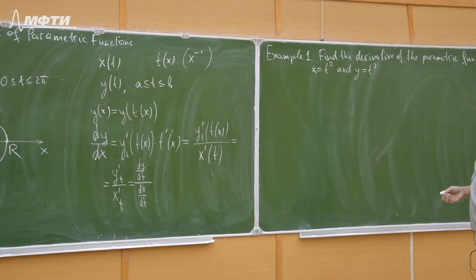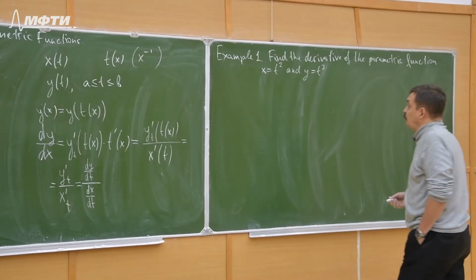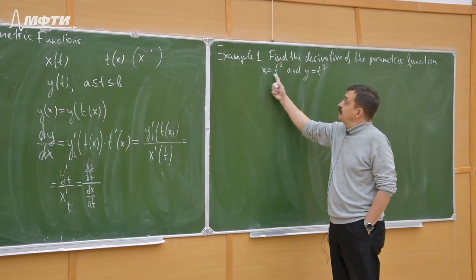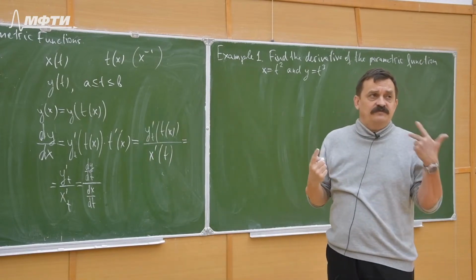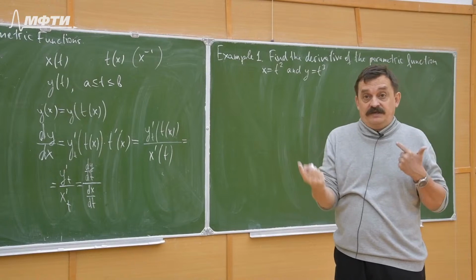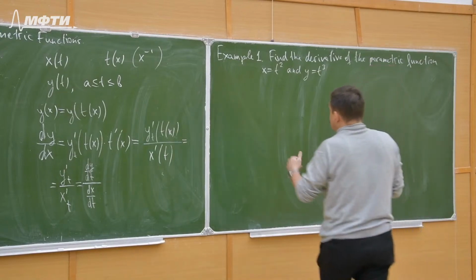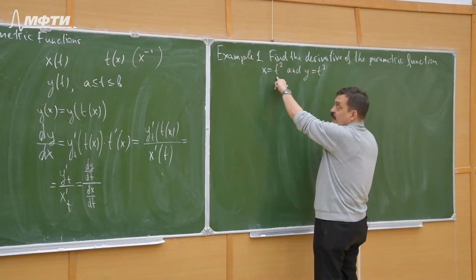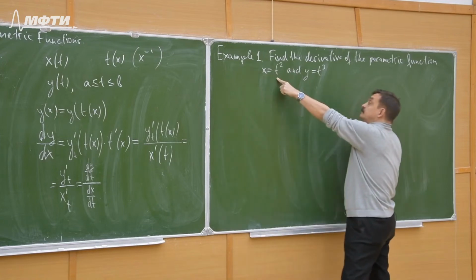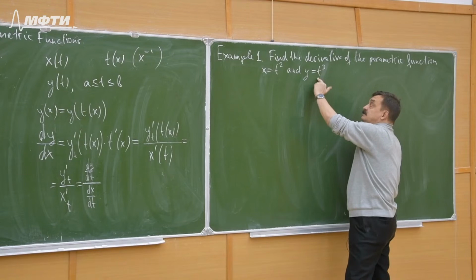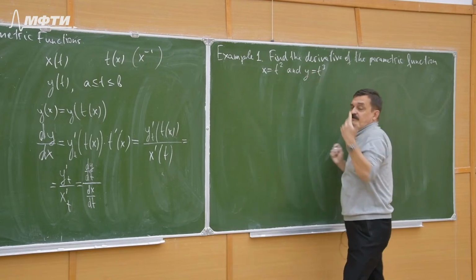In fact, here, this is again not a function, rigorously speaking. Why? Because we can represent one value of x using two different values of t, plus and minus. Two different values of t, plus and minus, give us the same x, but plus and minus t give us two different values of y.